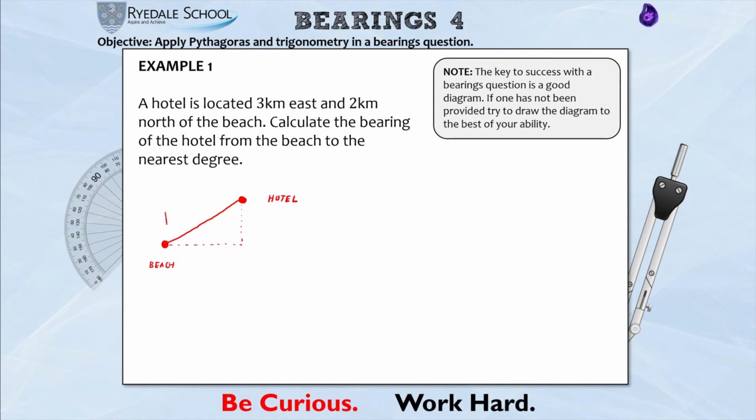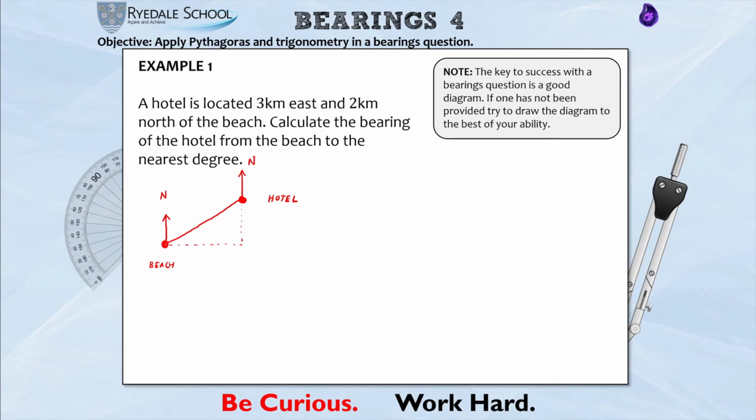I'm also going to put in some north lines at each of these two locations. Now, our question says calculate the bearing of the hotel from the beach. So it's really important that you've got a good understanding of which angle it is that we need.